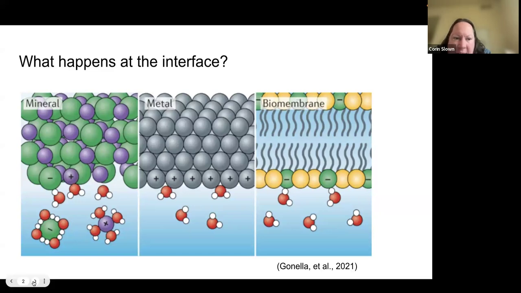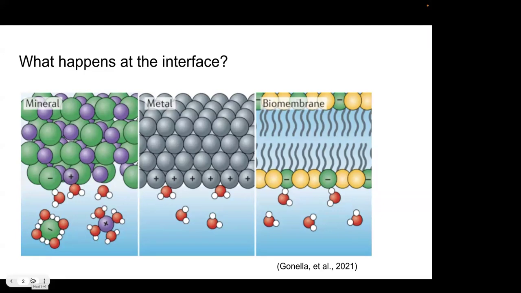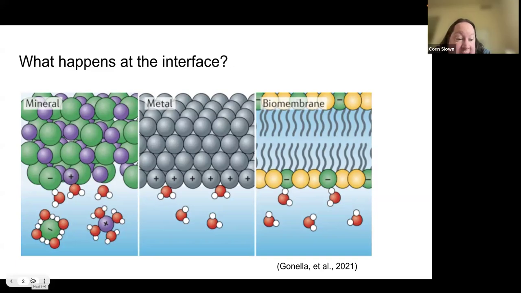What else do you notice about the water on the surface, specifically relative to the charge? The red is sticking to the positive and the white is sticking to the negative. Yeah, right. There's an orientation to the way water organizes itself.